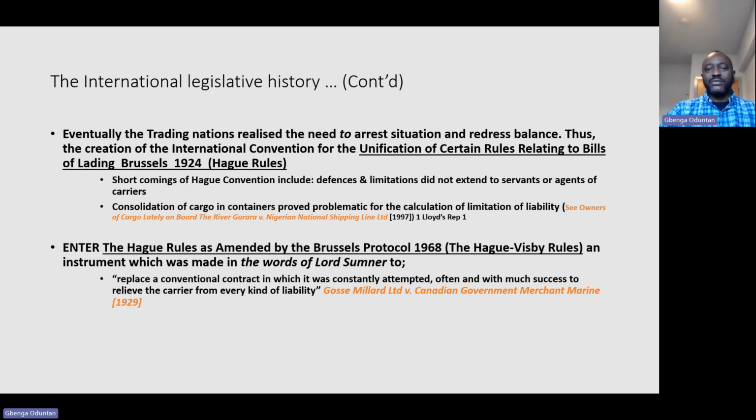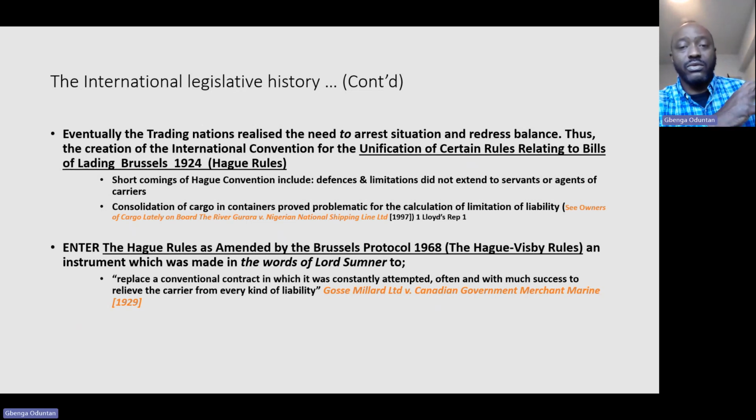And what that meant was that too much scope, I should say, was left for the use of exemptions to the use of liability.